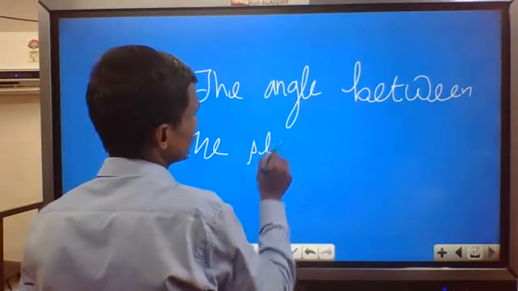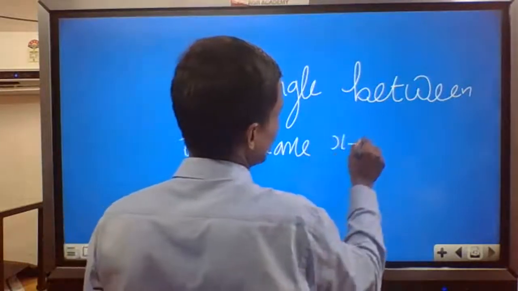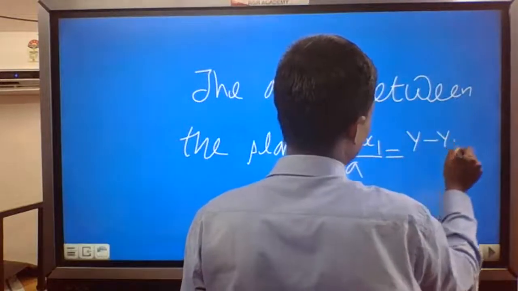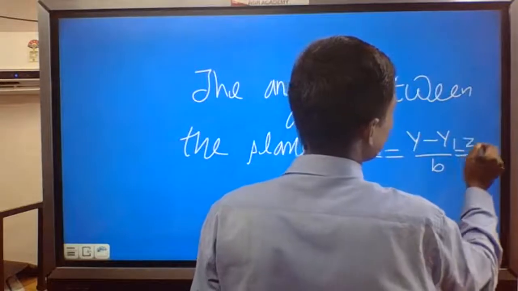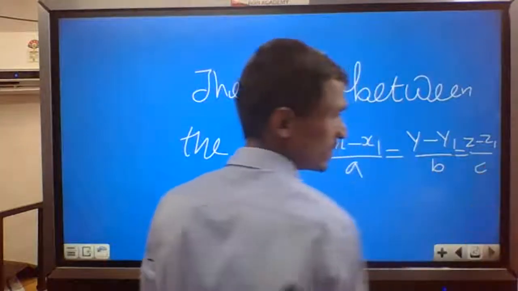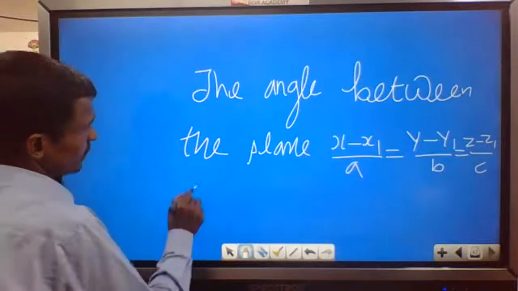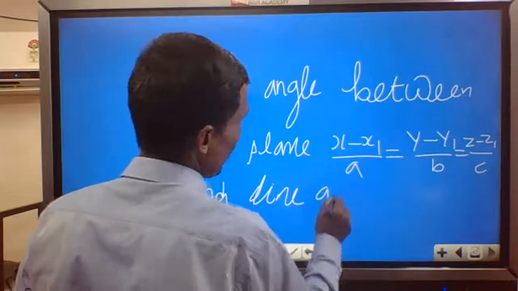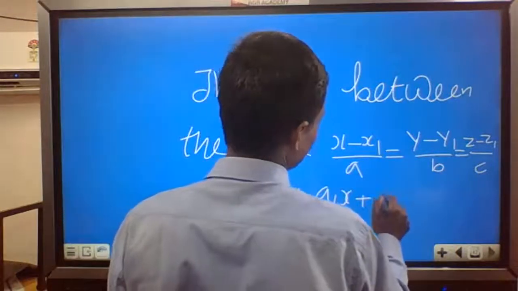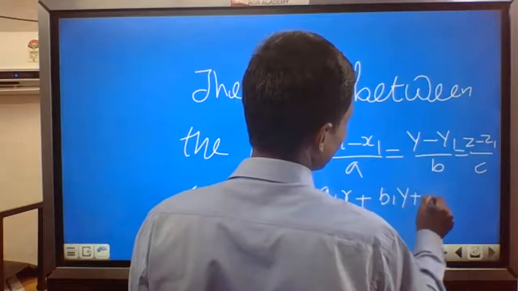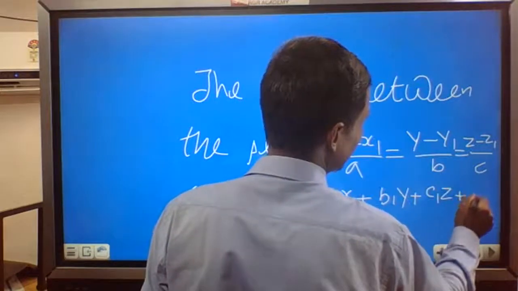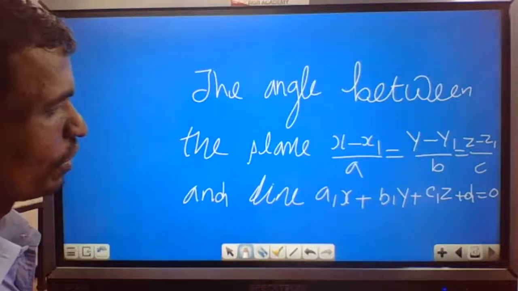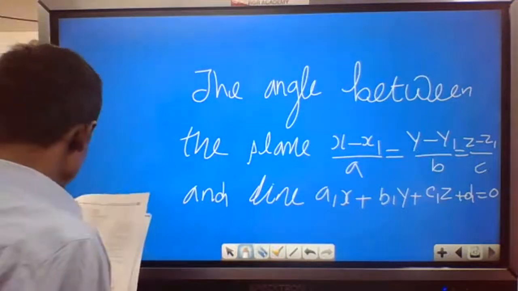The line is x minus x1 divided by a equals y minus y1 divided by b equals z minus z1 divided by c, and the plane is a1x plus b1y plus c1z plus d equals zero. D equals what? Zero.